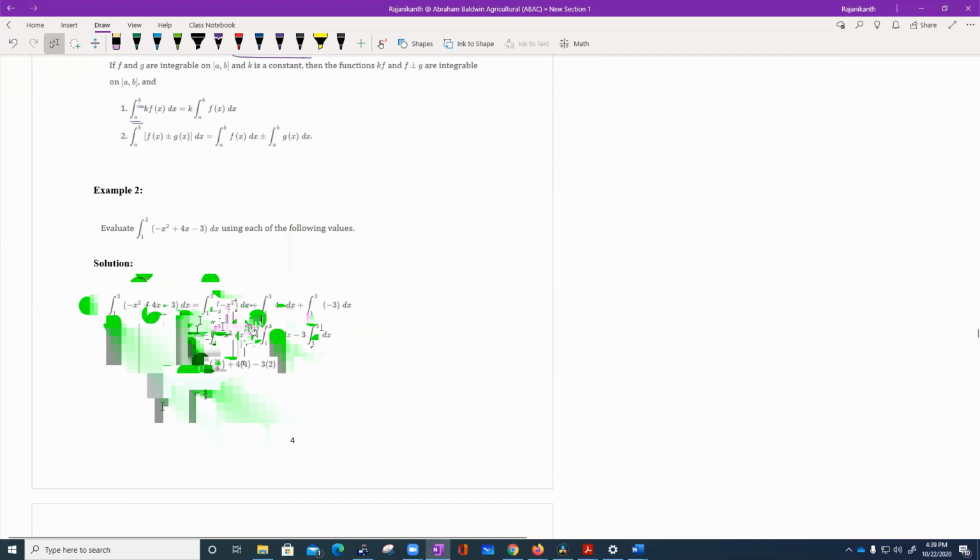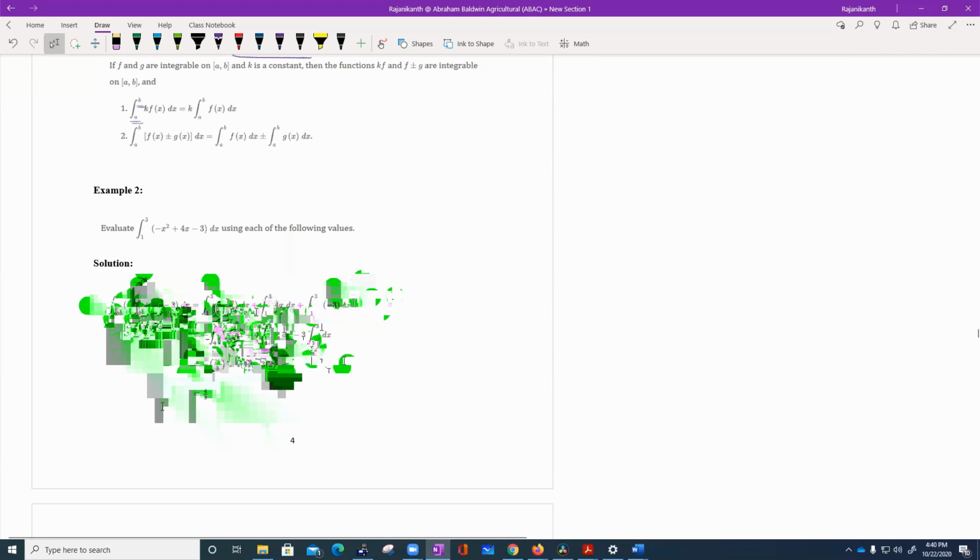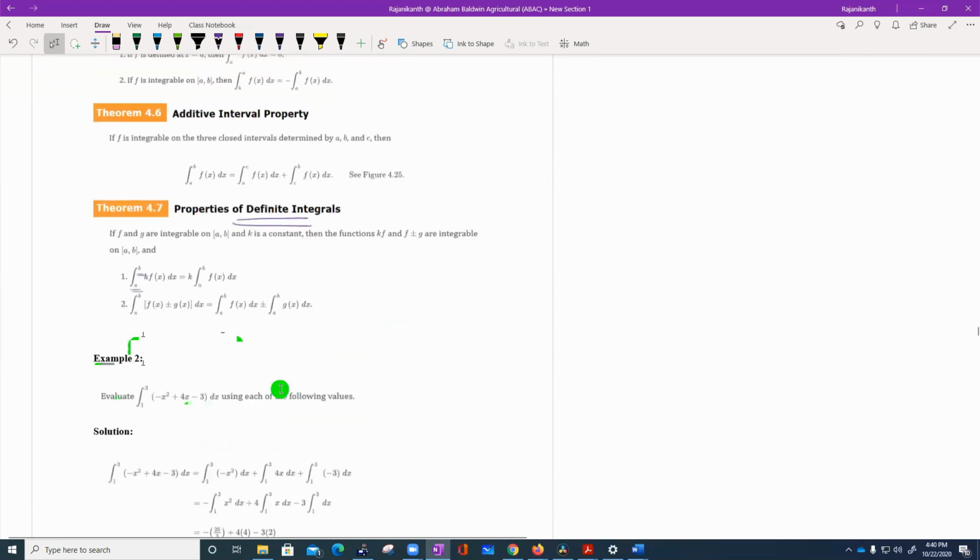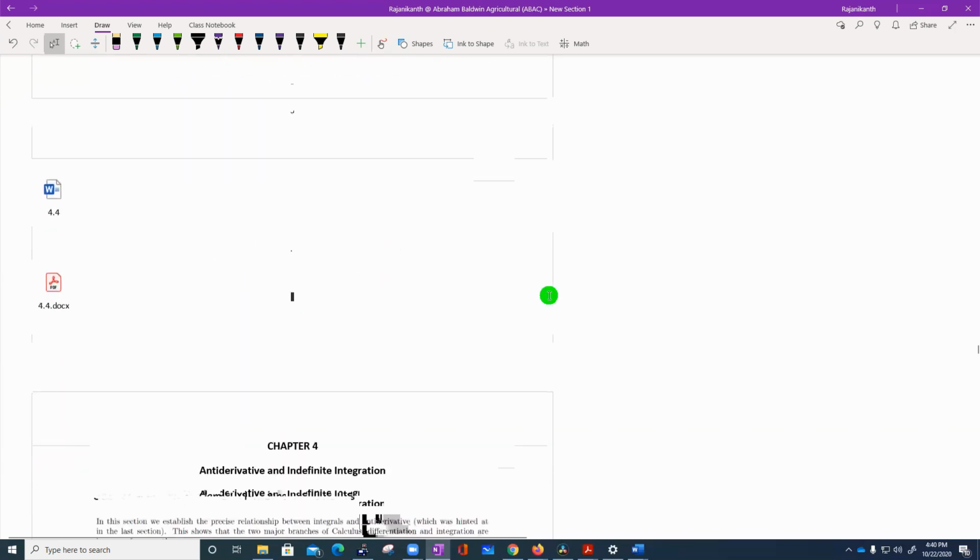If you have a plus sign in between, you can split the integral, like differentiation. You find the integral term by term: the first term's integral plus the second term's integral plus the third term's integral. Then you know how to find the area. So just use those and find the answer. You can go through these things.